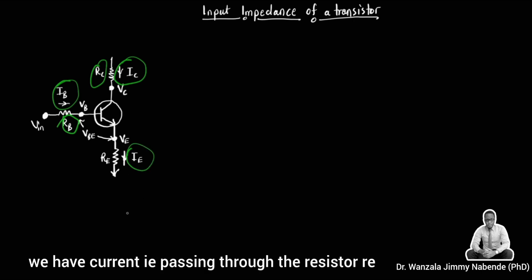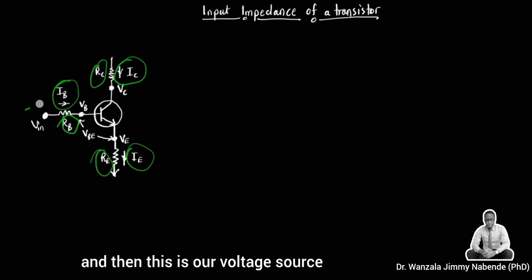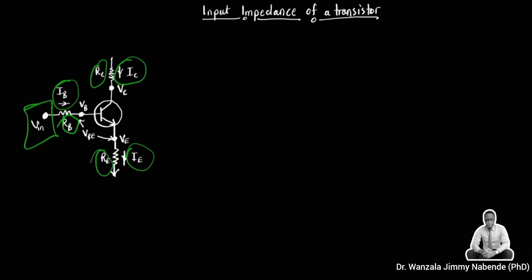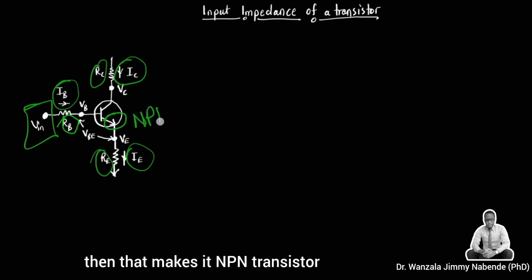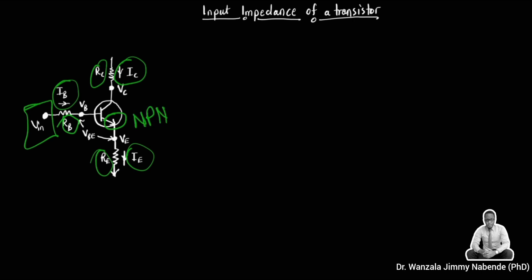We have current IE passing through the resistor RE, and then this is our voltage source. Remember, since this arrow is pointing out, not pointing in, that makes it an NPN transistor.